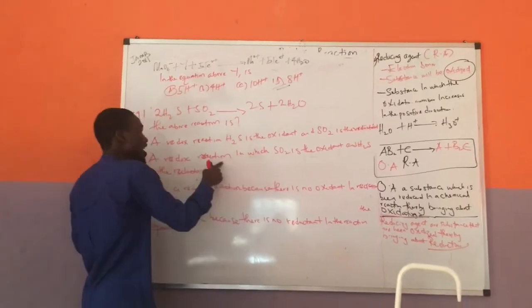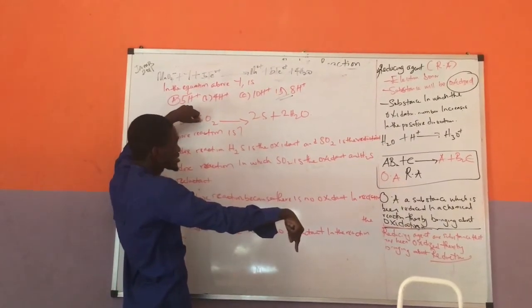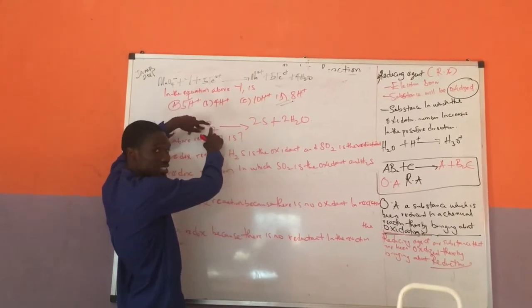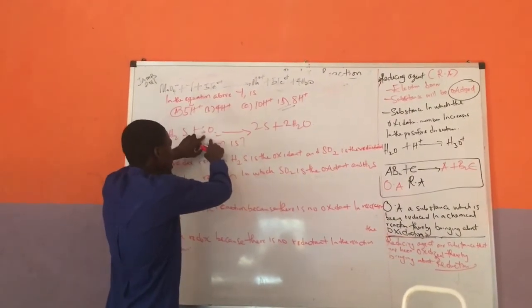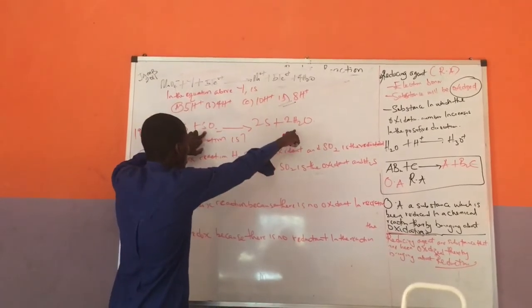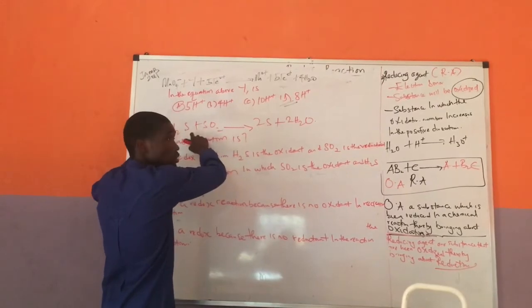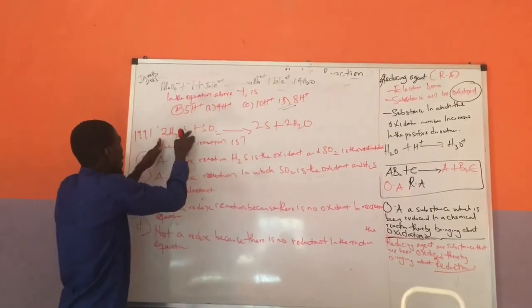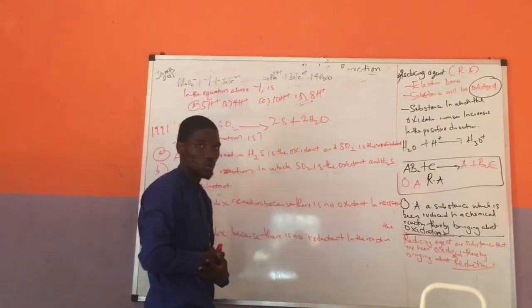So a redox reaction in which SO2 is the oxidant. This is the oxidant, because this one here is being reduced towards this. You can see we have 2 sulfur now. On the reactant side we have 3 sulfur, and on the other side we have what? 1 sulfur.